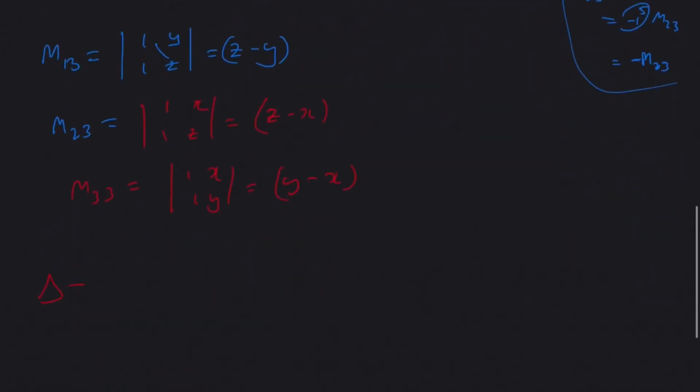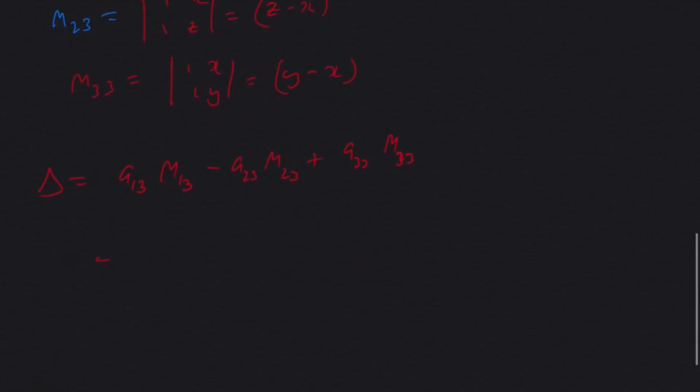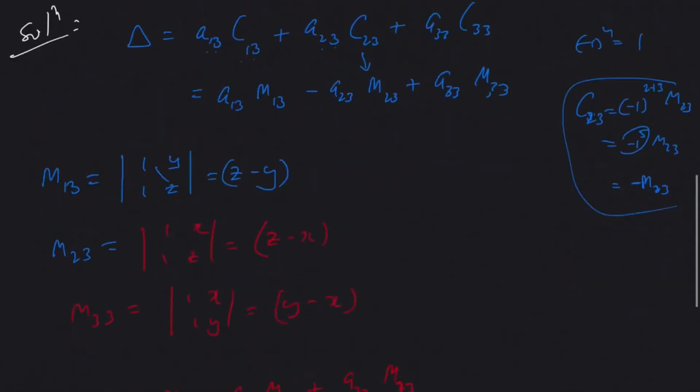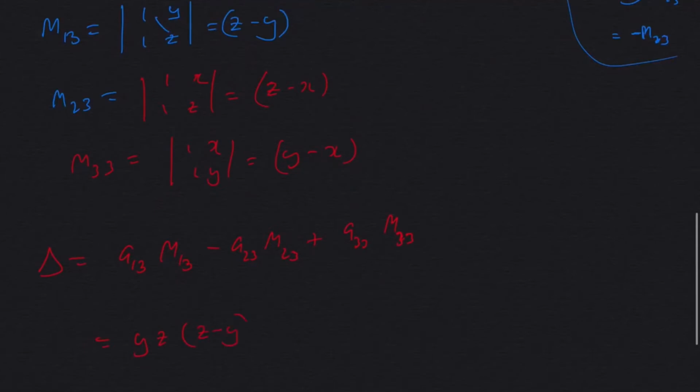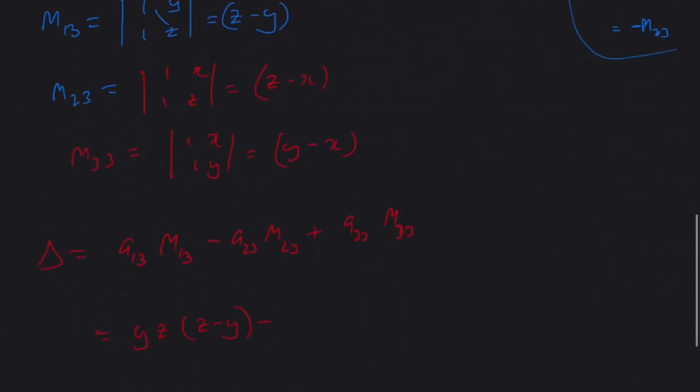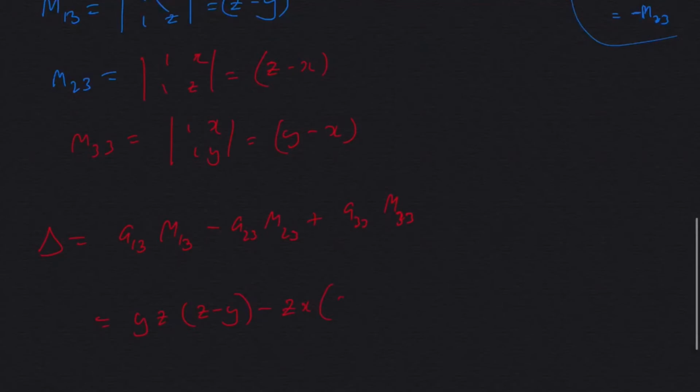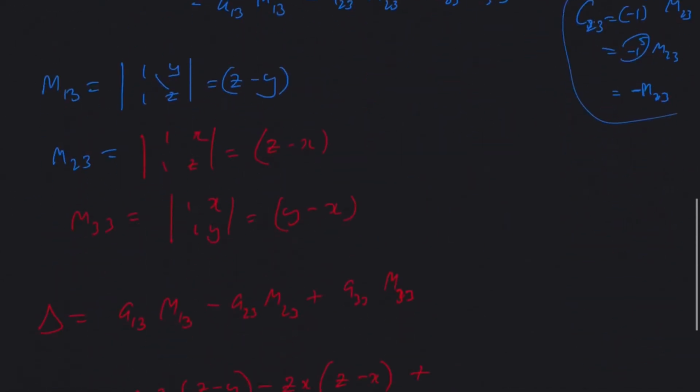Therefore the value of the determinant is A13 M13 minus A23 M23 plus A33 M33. So A13, what is the value? yz. M13 is z minus y, minus zx times z minus x, plus xy times y minus x.